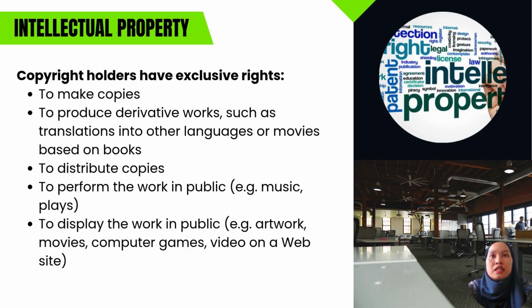The next is to perform the work in public, for example the author performing music or playing instruments like guitar and piano. And the last is to display the work in public, for example artists displaying artwork, movies in the cinema, computer games, videos, or on a website.